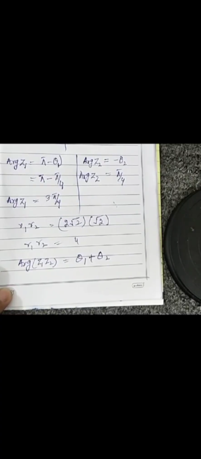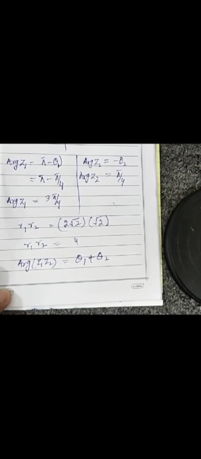Now the combined argument of both numbers: because we are multiplying both numbers, the argument of z1 z2 would be theta 1 plus theta 2. As we already discussed, when we are multiplying two complex numbers we only add their arguments. So we are left with argument z1 plus argument z2.